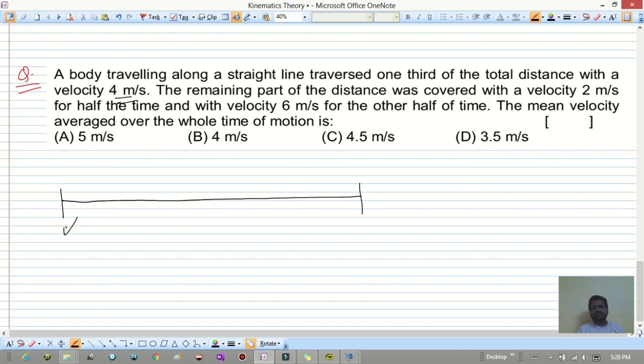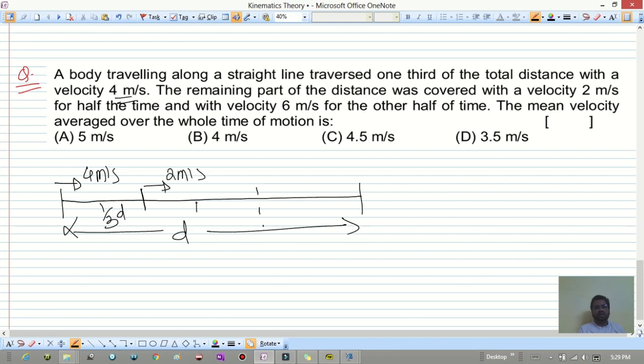the total distance d, supposed to be, right, and the body traveling along a straight line travels 1/3 of the total distance, 1/3 means this much, with a speed 4 meter per second. Now the other distance is traveled in two intervals. First with 2 meter per second for half the time and then 6 meter per second for the other half time.